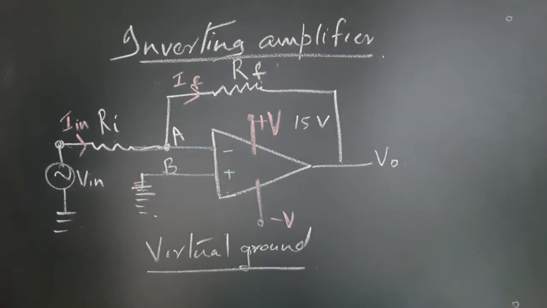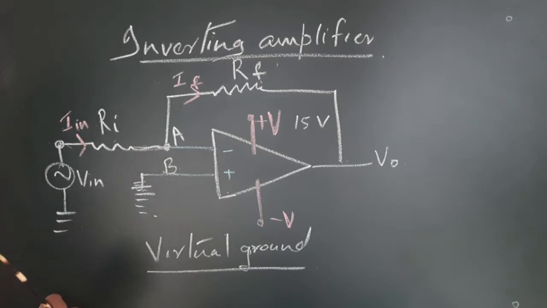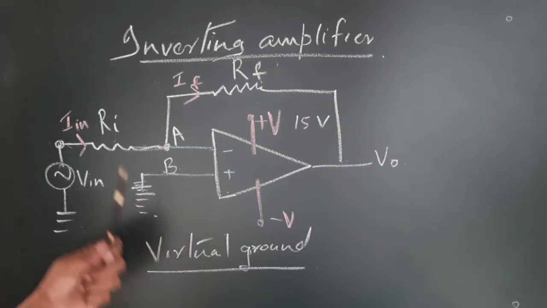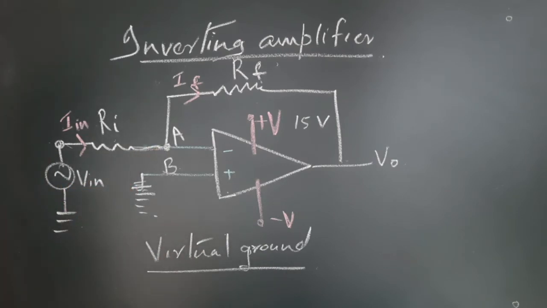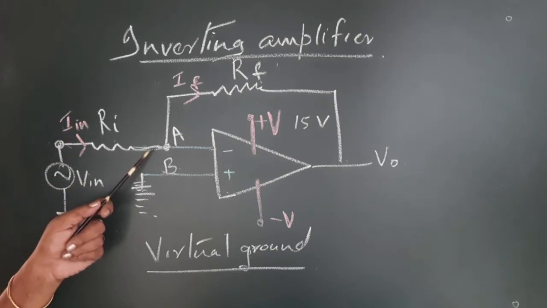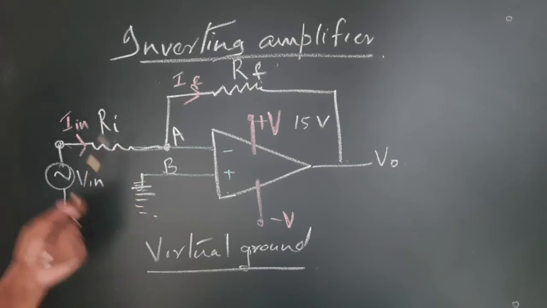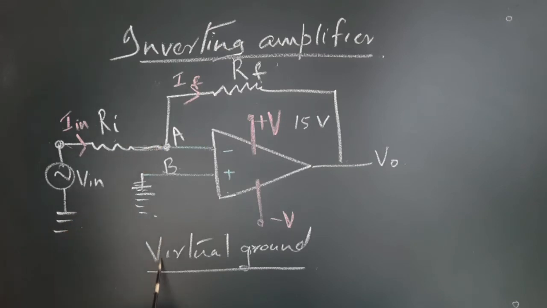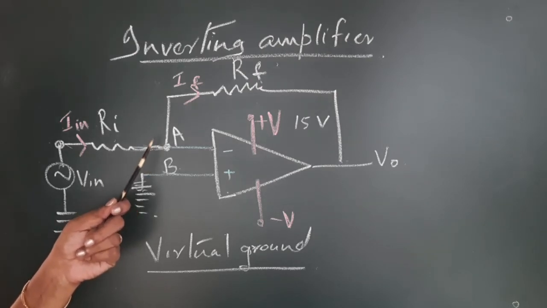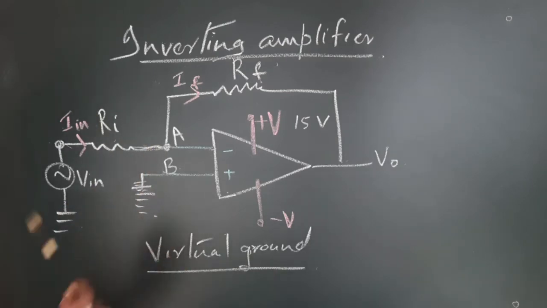Why is it called virtual? Because A is a point that is not connected to ground, but it has got the ground potential. That is why it is called virtual ground. So, any point which is not connected to the real physical ground, but has the same potential as that of the ground, is known as virtual ground. It is not a real ground because it is not really connected to the ground, but it has got the ground potential, so virtual ground.